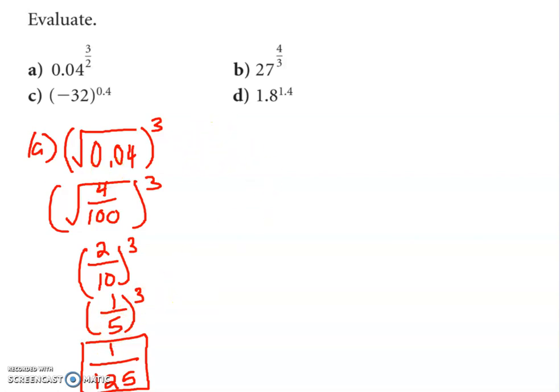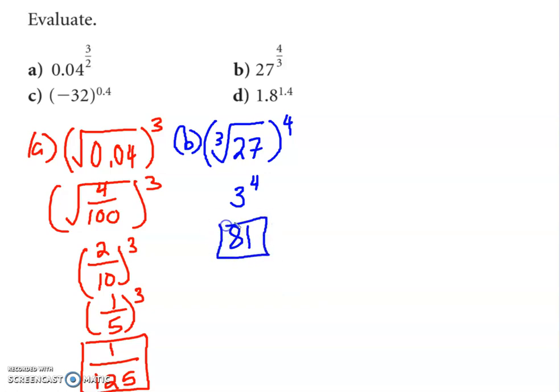For B, I'll change colors here. We want to take the cube root of 27 and then raise it to the power of 4. So the cube root of 27 is 3, and then 3 raised to the power of 4 is 81. For C, we're looking at -32 to the power of 0.4.